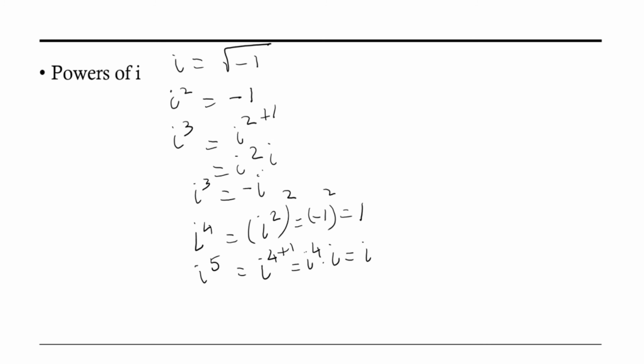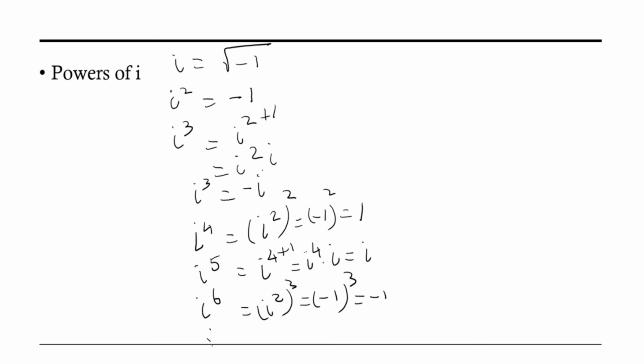Next, we have i⁶. I can write i⁶ as (i²)³. I² we have −1, so (−1)³ is −1. So it goes on. This is how we can find the various powers of i, using the first value of i as the square root of −1, we can proceed finding i², i³, i⁴, i⁵, i⁶ and so on.